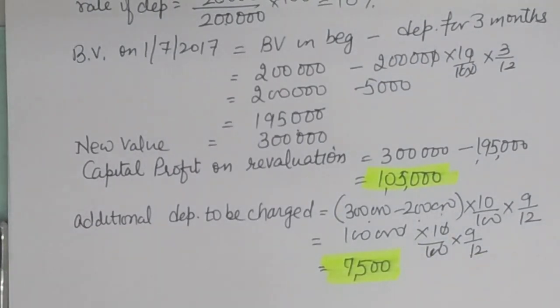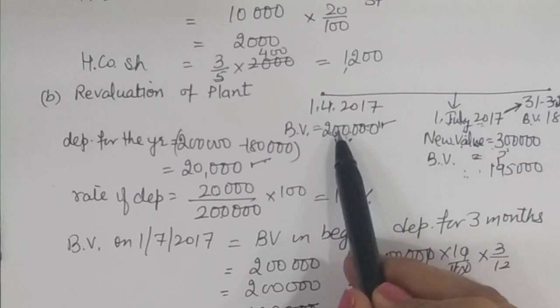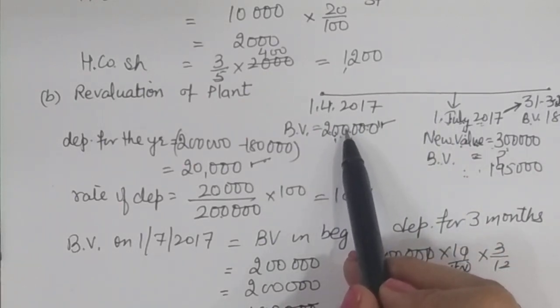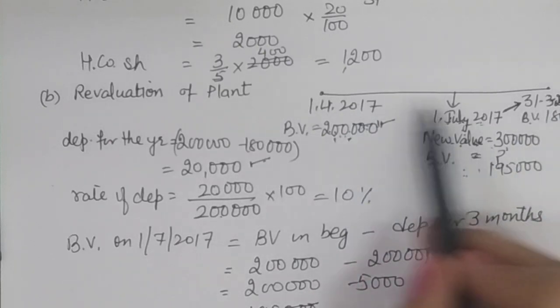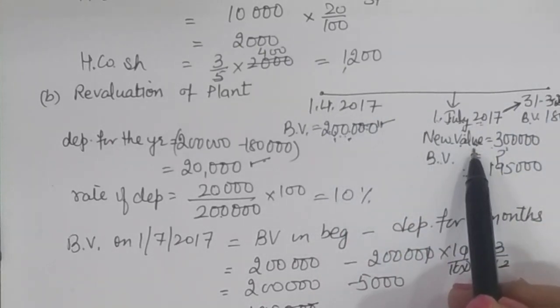When value increases, depreciation is charged more. When value reduces, that is there is a loss, then depreciation is to be added back. For this formula, again remember, understand it here. It was having a value of 2 lakh in the beginning, so the subsidiary company charged depreciation on 2 lakh for the whole year. But on 1st July you want to bring in 3 lakh as the value.